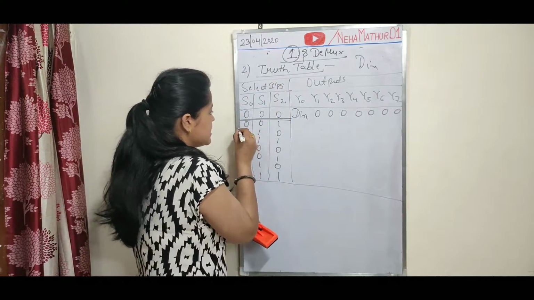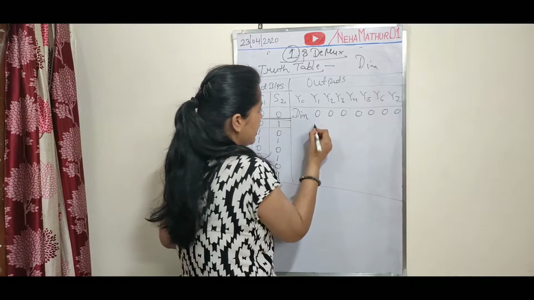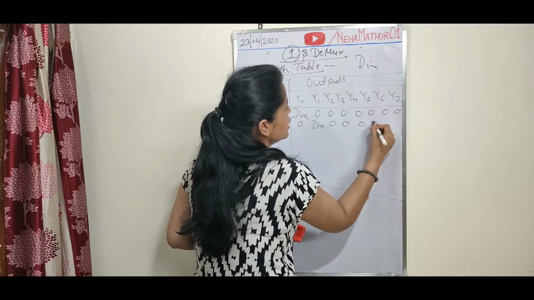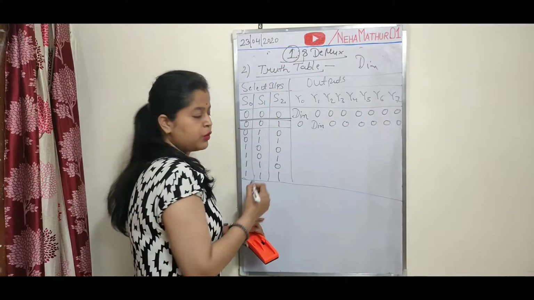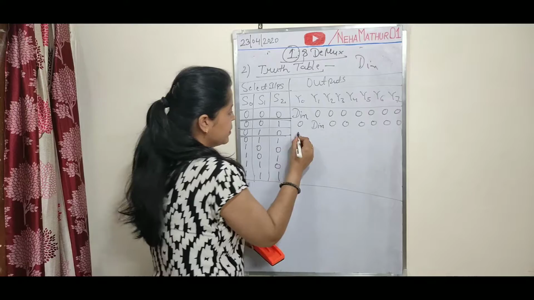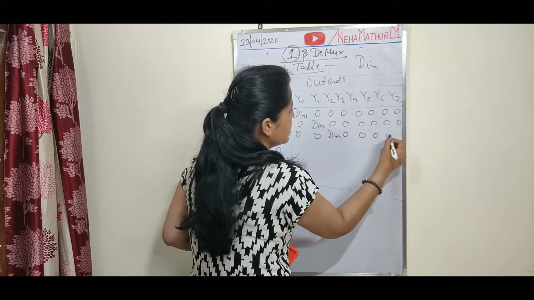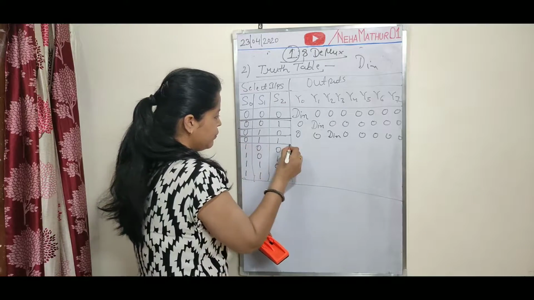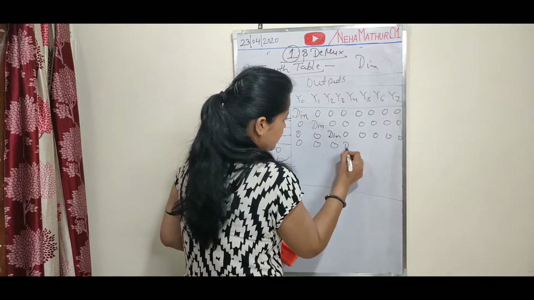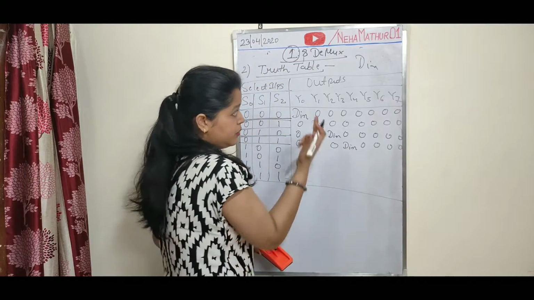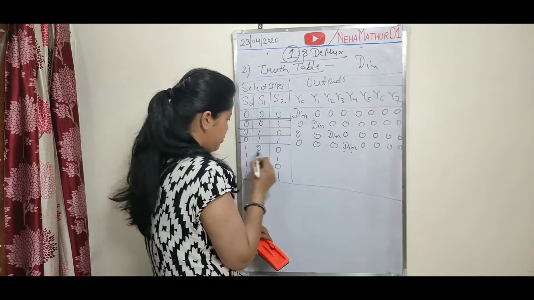Similarly, for the second combination, y1 will be D in, while the remaining will be 0. For the third combination, y2 will be D in, while the remaining will be 0. For the fourth, the fourth output y3 will be D in, while the remaining will be 0.